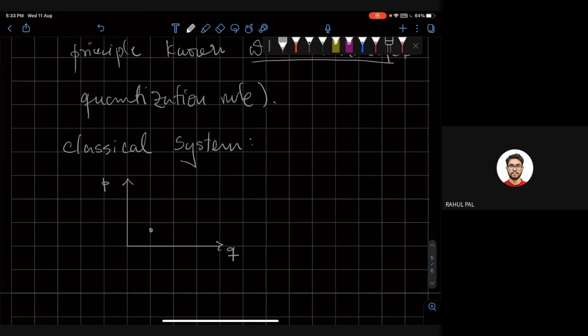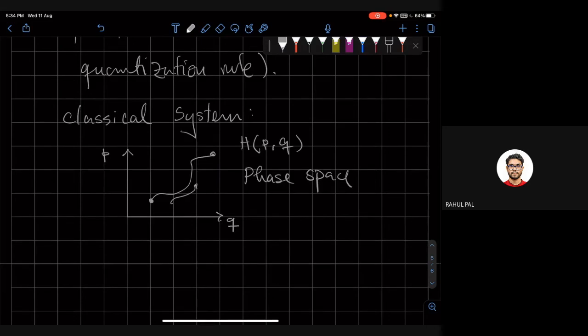And according to classical mechanics, the evolution of the system is given by a particle moving through this phase space. So this is a phase space. And the motion of the particle through the phase space is determined by an energy function called the Hamiltonian, and it's a function of P and Q.